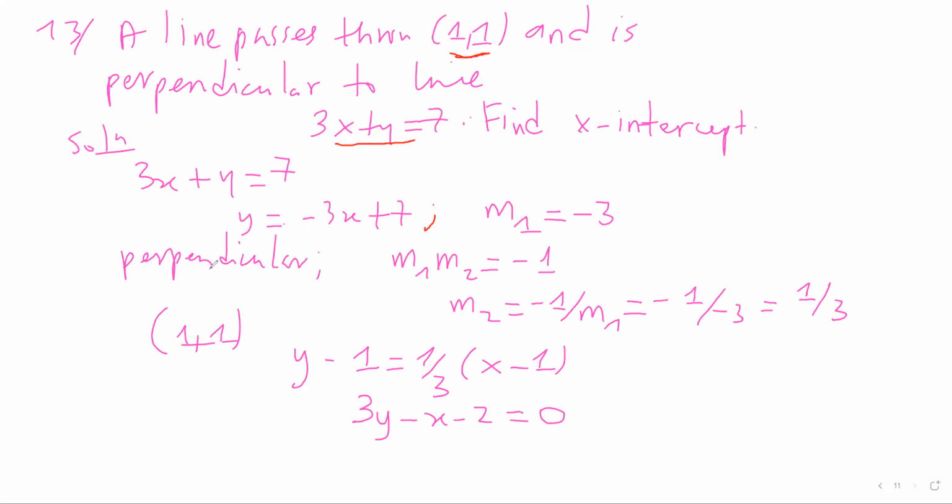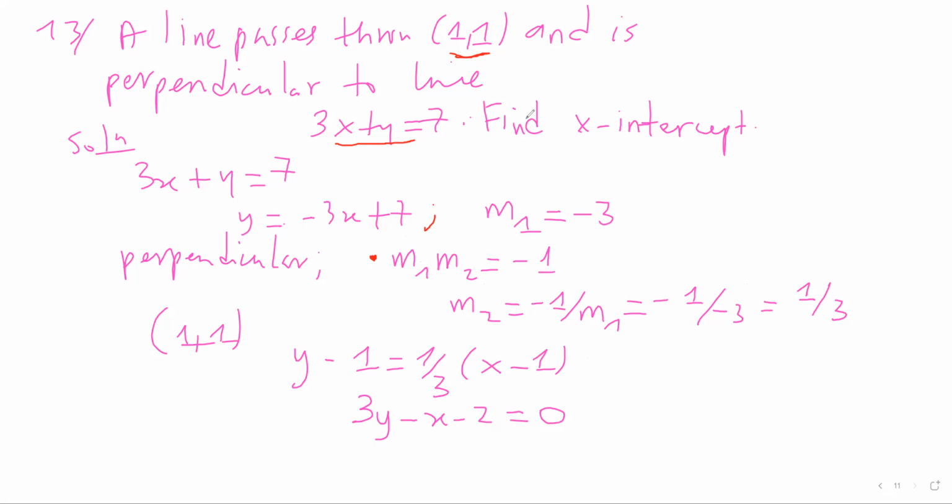And because we know that it is perpendicular to the line through (1, 1), we know that the product of the gradients of two lines is minus 1 if they are perpendicular. So since M1, the gradient of the first line, is minus 3, then M2 is nothing but minus 1 over M1. And since M1 is minus 3, we have the gradient of the second line to be 1 over 3.